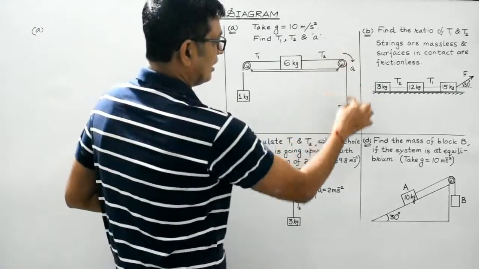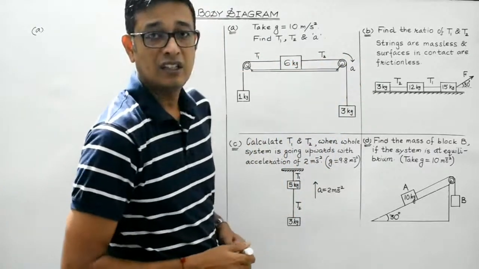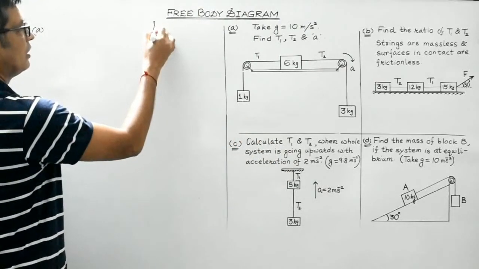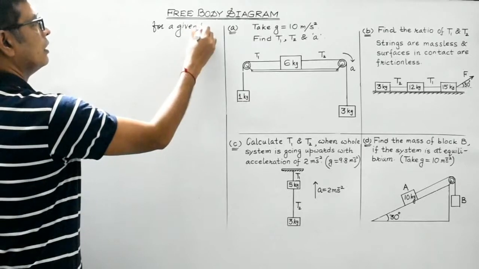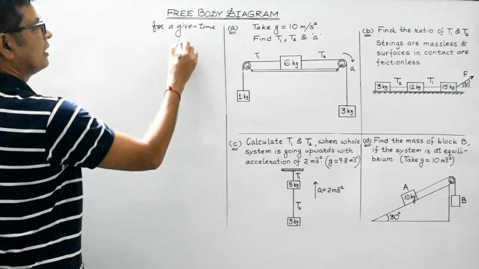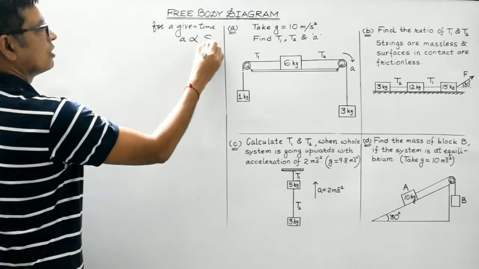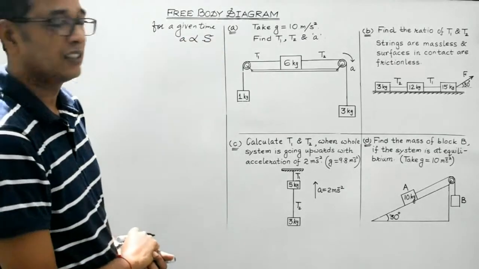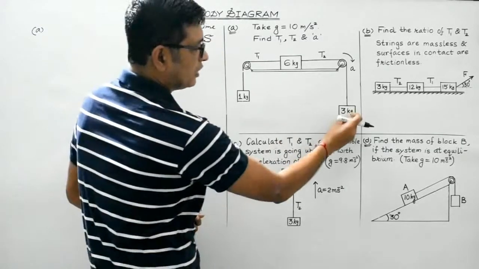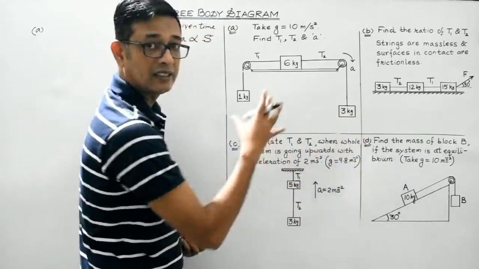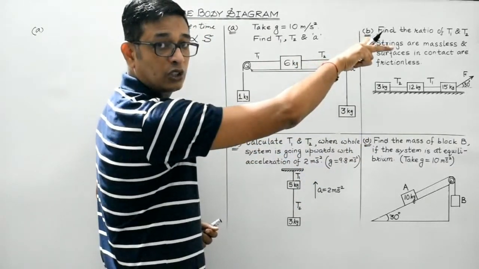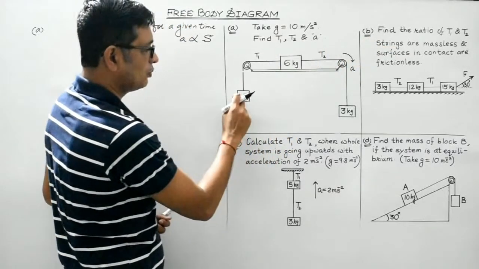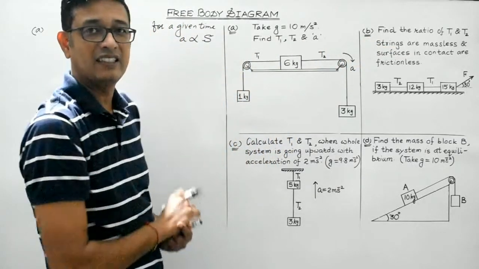The strings are inextensible. So as a result, we are aware that for a given time, acceleration is directly proportional to displacement, isn't it? So if this body moves down by 10 centimeter, this body will move along horizontal towards right again by 10 centimeter, and this body will also move upward through 10 centimeter.